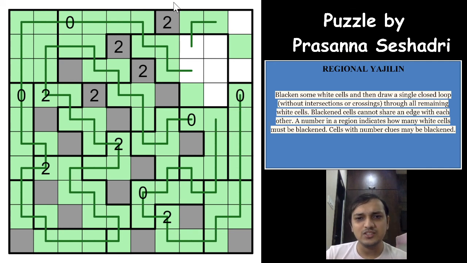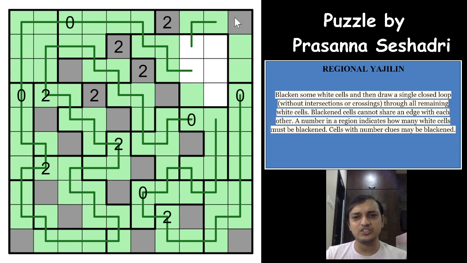Now only one region is pending here, that is the two cell region, and one cell is already shaded. One of these two cells will have to be shaded, and let us see if we get a contradiction here. What happens if I shade this cell? If I shade this cell, this loop segment will go this way, and not to connect here, this will go this way, and again we form a closed loop segment at an early stage itself, and we have another loop segment, which means that you cannot unshade this cell.